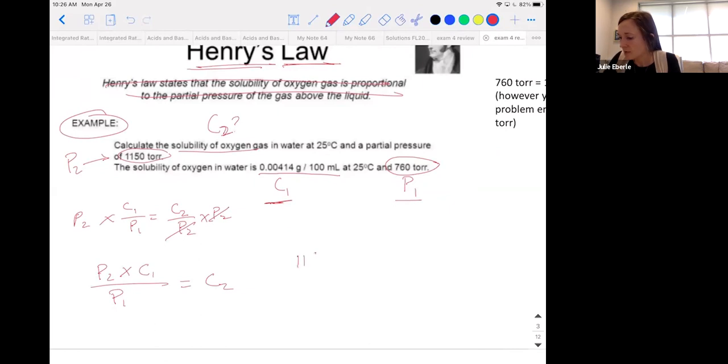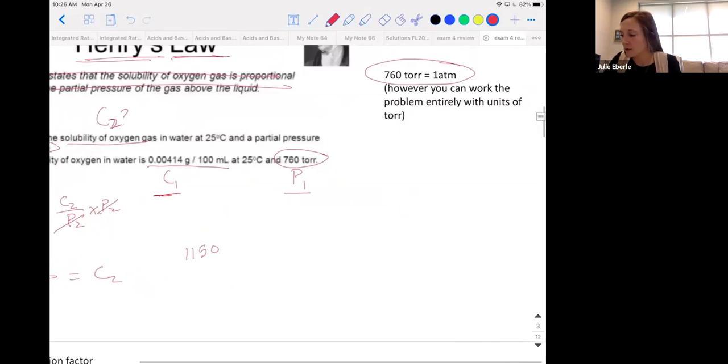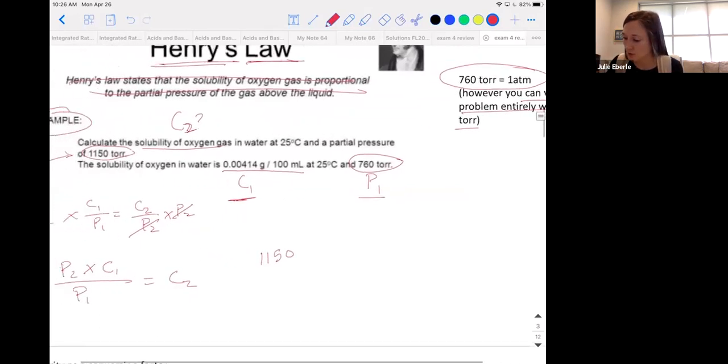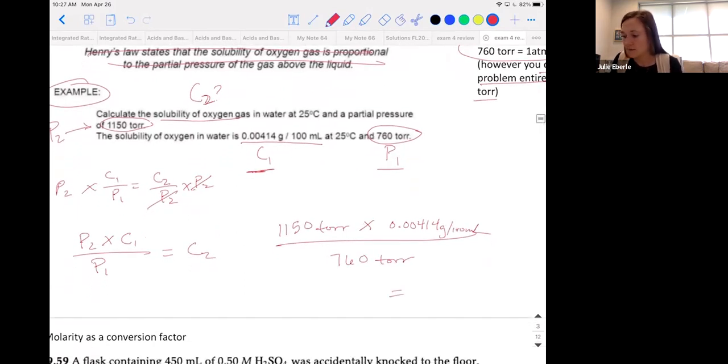So 1150. By the way, I gave you this relationship. Here's ATM, but disclaimer, you can work the whole problem with units of torr. So forget converting. I'm just going to work it all torr. Times C1 is 0.00414 grams per 100 ml divided by 760 torr. And you should get, what do you guys get?